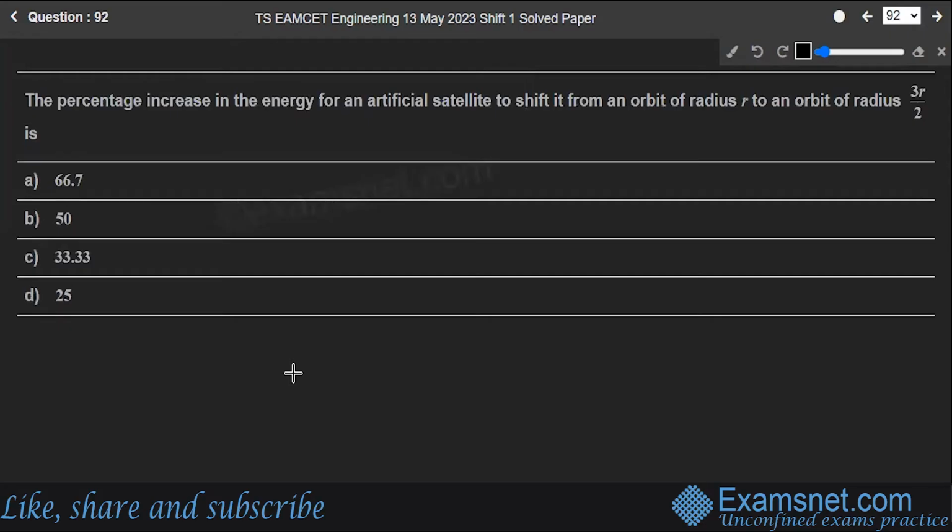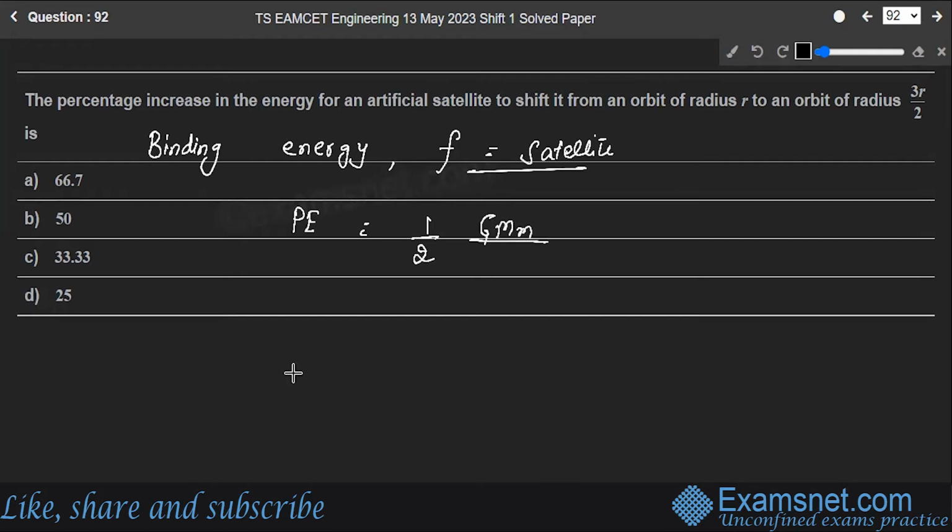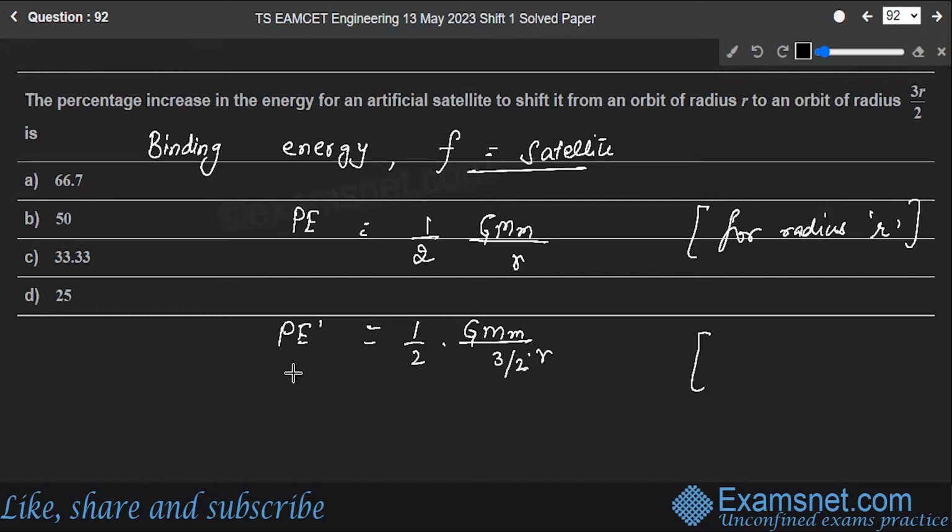See the binding energy of satellite is given by PE is equal to G capital M small m upon R for radius R. And the next one, E dash is equal to 1 by 2 G M m upon 3 by 2 R, because here you are given the new radius 3R by 2. Let's find the percentage increase.